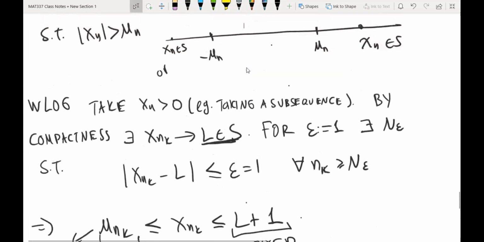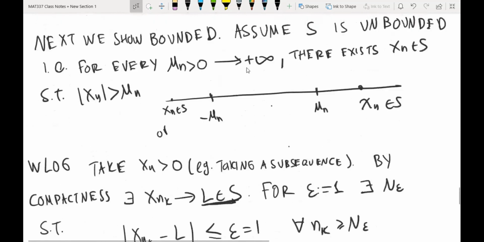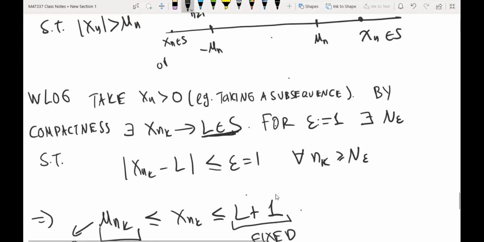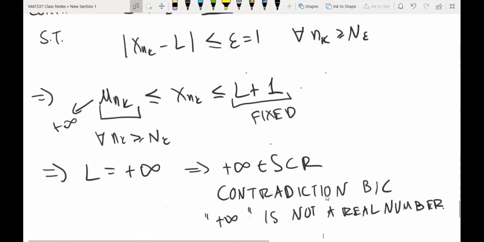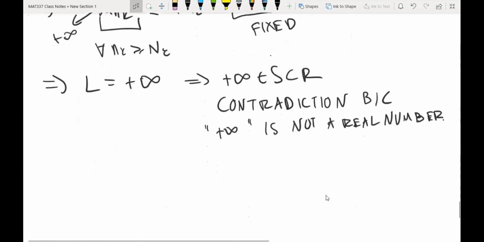So for every m_n. We can be concrete. You can take m_n to be n. So yeah, that's it. So that's Heine-Borel.